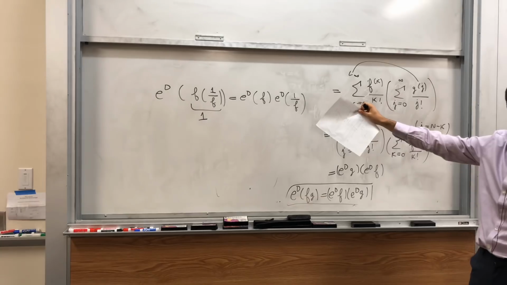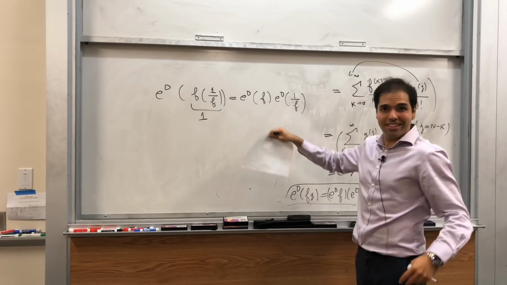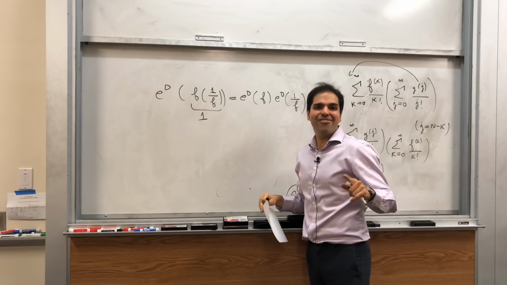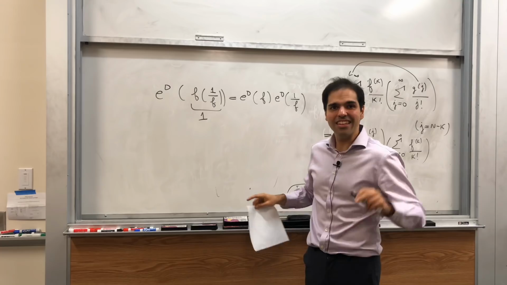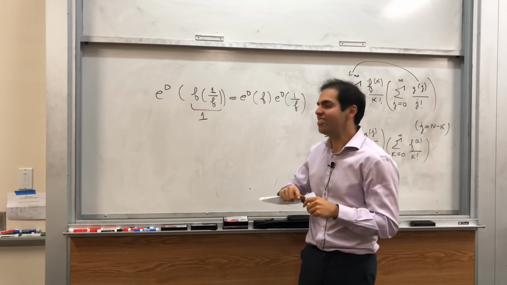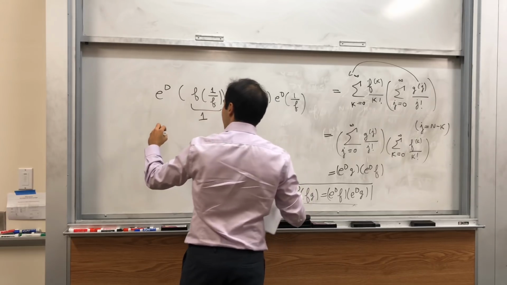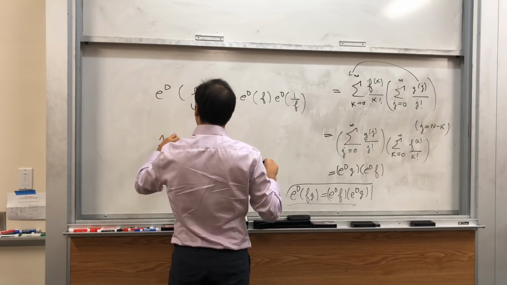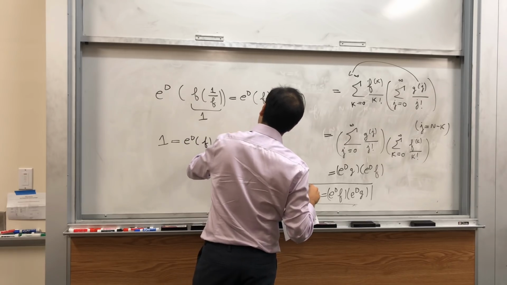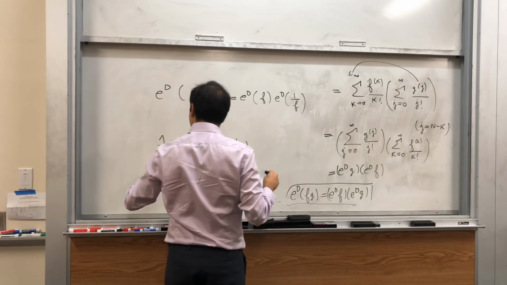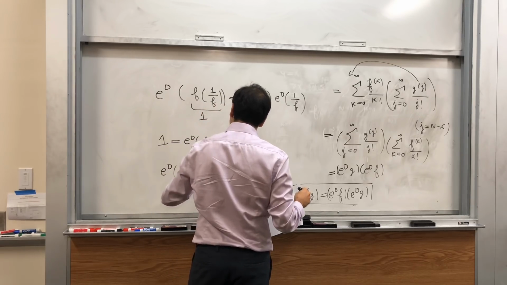And if you plug in 1 into the definition of e^d, then it still becomes 1. So careful: the exponential derivative of a function is not a constant, because you're summing from 0 to infinity. And therefore, we get that 1 equals e^d f times e^d of 1 over f. And so e^d of 1 over f literally becomes 1 over e^d of f.